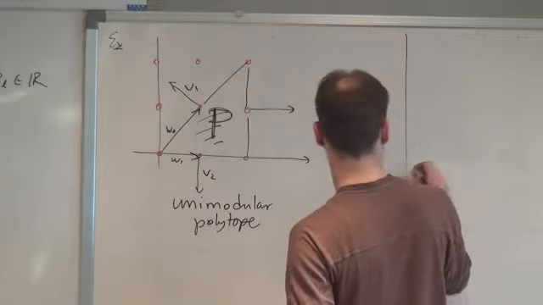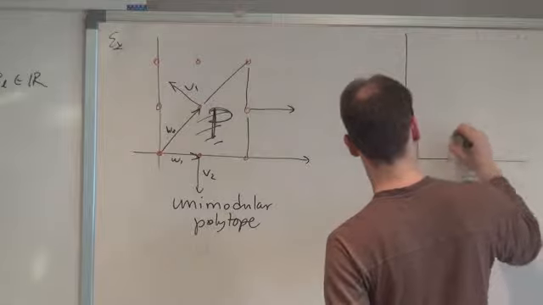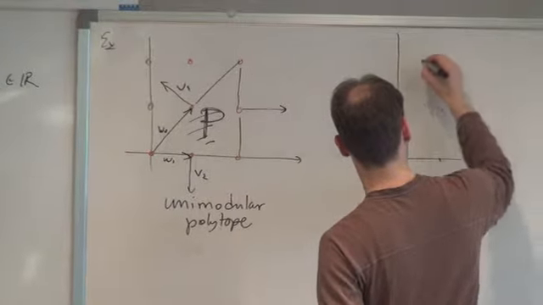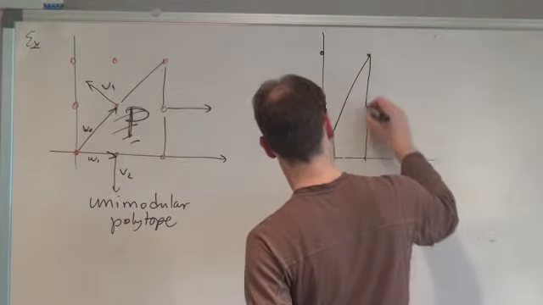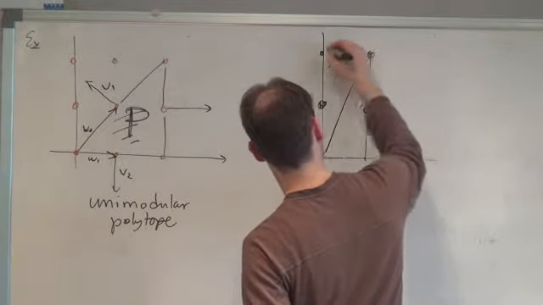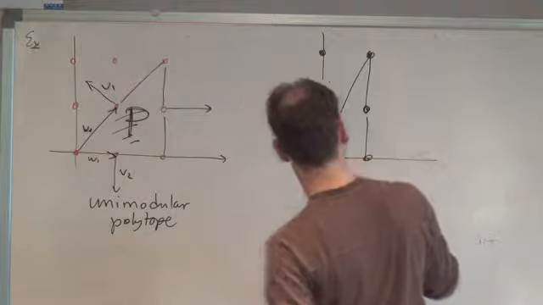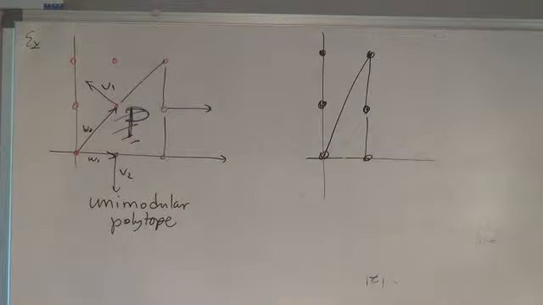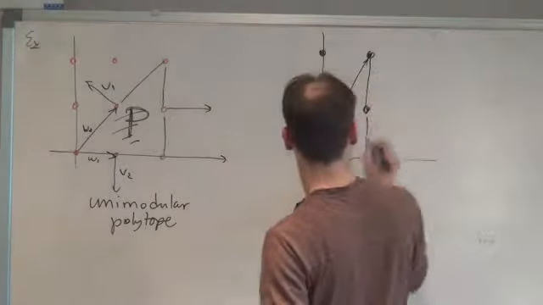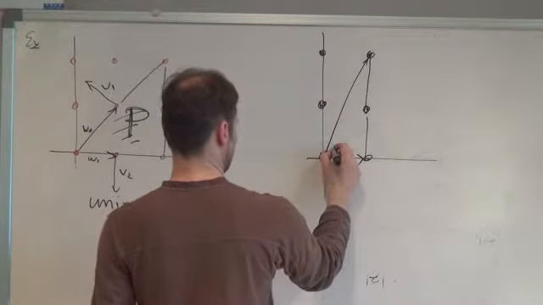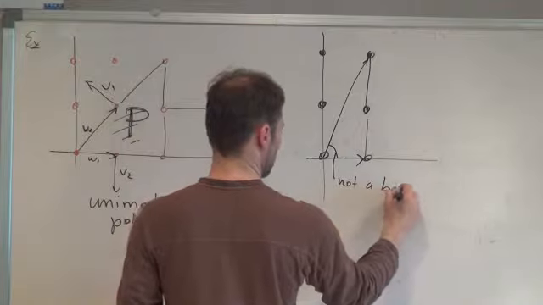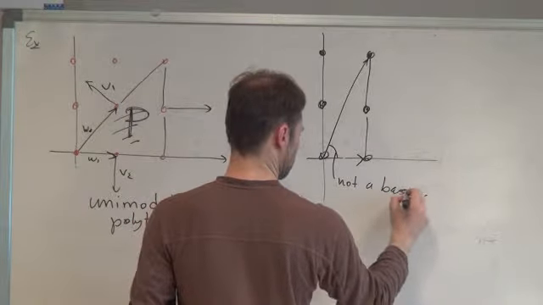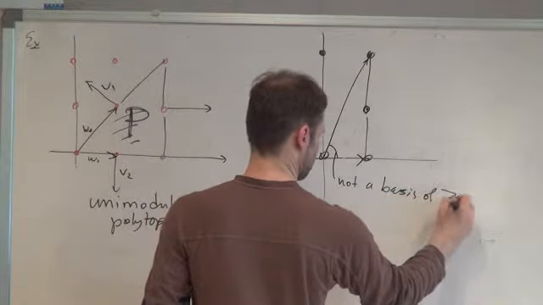And it's easy to draw an example where it's not, it's much easier to draw an example where it's not unimodular. Something like this will do. So here's the lattice. Right? And you could see that these two vectors are not a basis of Z squared.